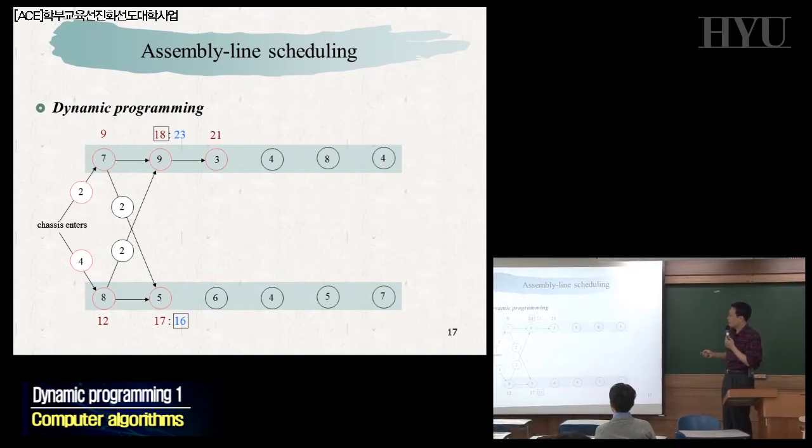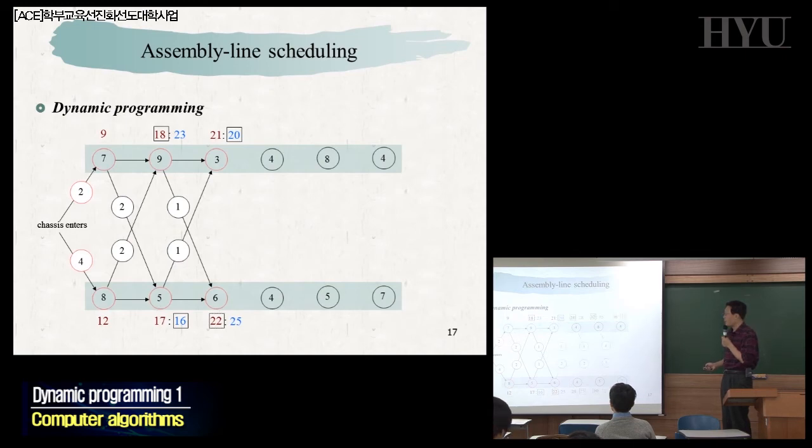And then this: 18 plus 3 is 21, and 16 plus 1 plus 3 is 20. So 20 is smaller. And this: 16 plus 6 is 22, and 18 plus 1 plus 6 is 25. So it is 22.